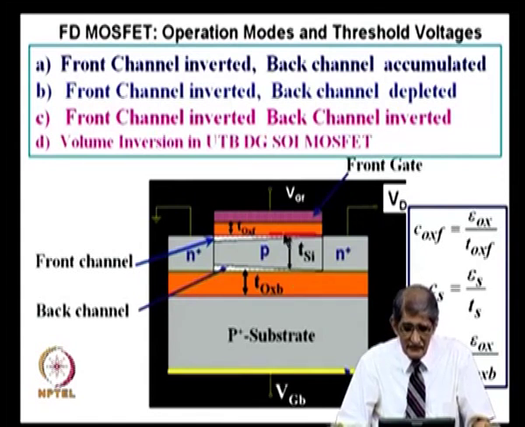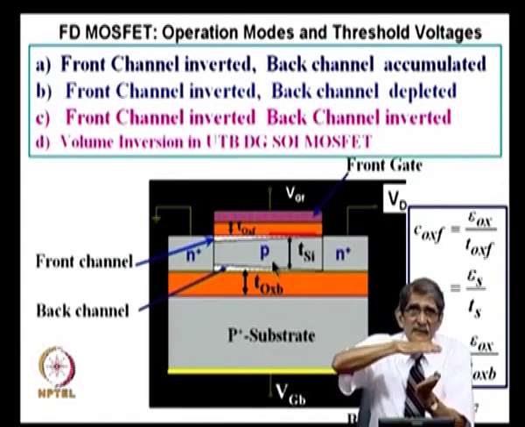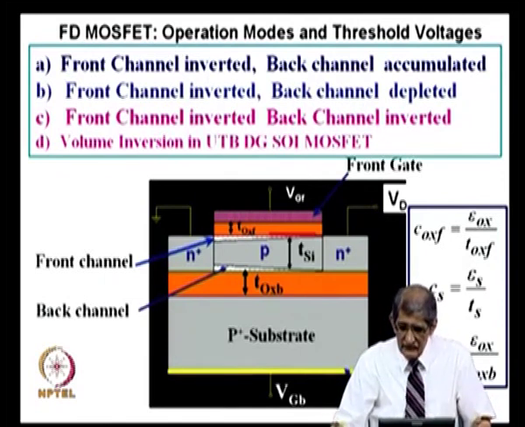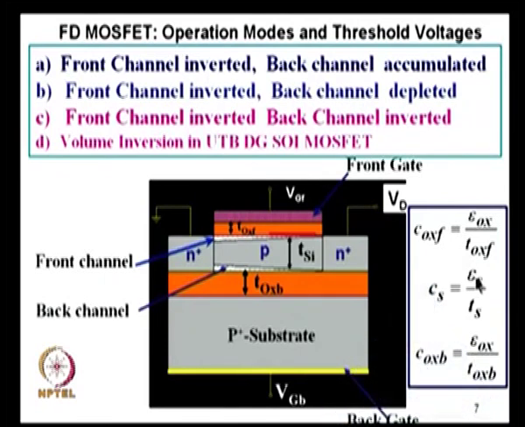What is T silicon? If the entire silicon layer is depleted, the capacitance corresponding to that silicon layer, that is C silicon, is epsilon silicon into epsilon 0 divided by T silicon. Instead of oxide, you have silicon permittivity and silicon thickness. You can talk of that. That is, when it is fully depleted, you can look at it as a capacitor.